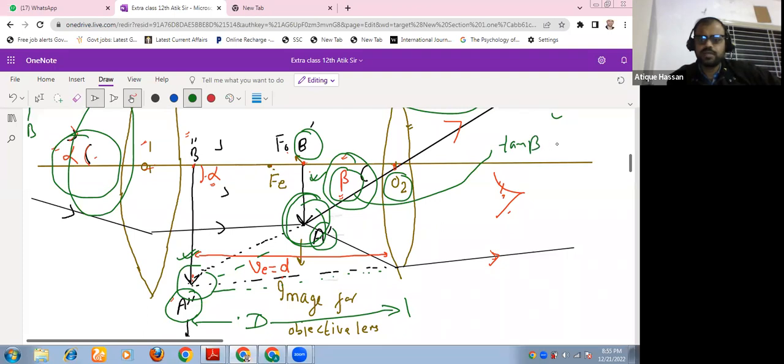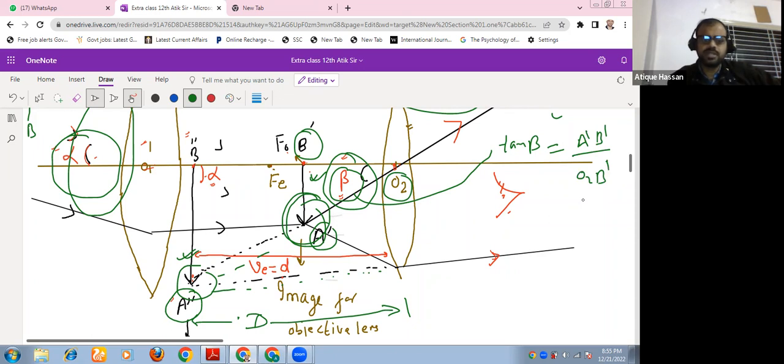What will be the tan beta? Tan beta will be equal to A dash B dash by O2 B dash, right? This will be the tan beta.